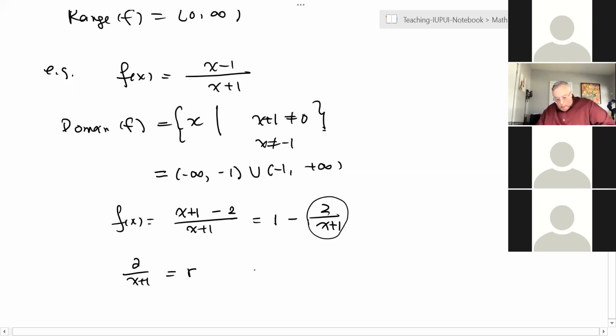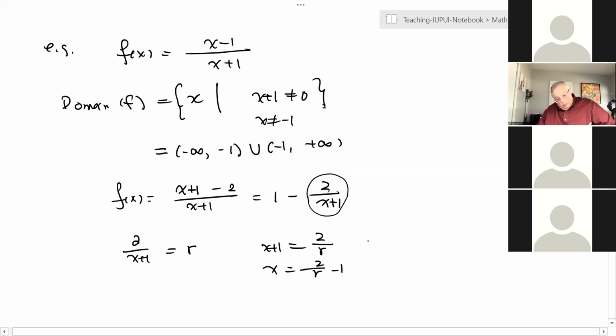For any real number r, I can solve for that. x plus 1 equals 2 over r. So x equals 2 over r minus 1. As long as I choose x to be 2 over r minus 1, then 2 over x plus 1 is going to be r. So for any non-zero r, I can always find x such that 2 over x plus 1 equals r, okay?